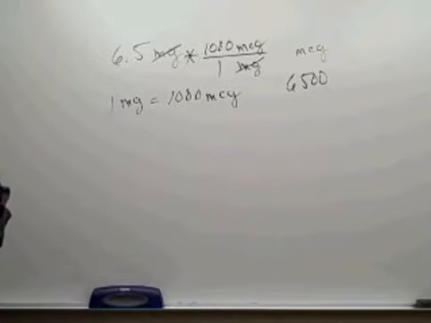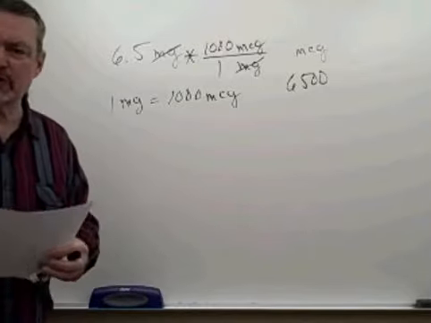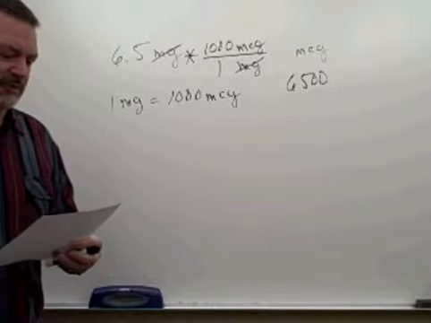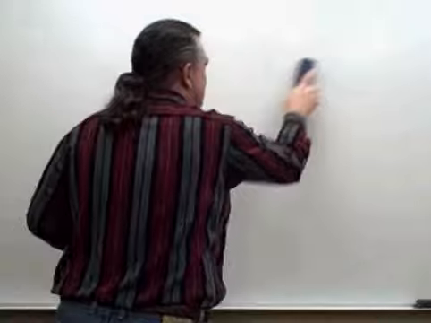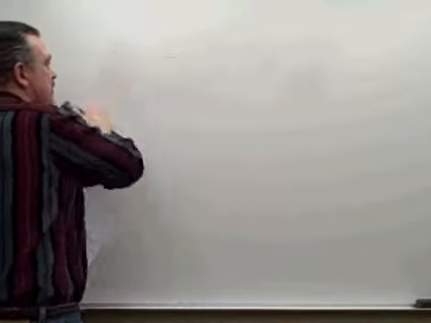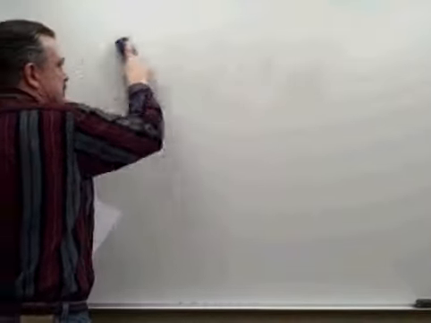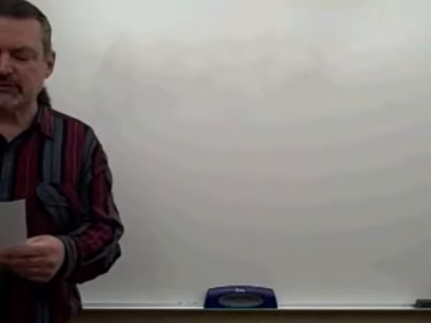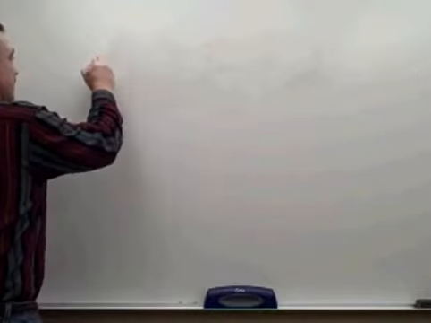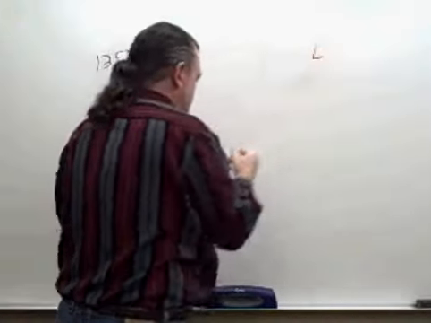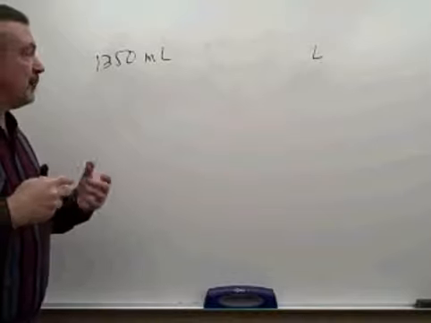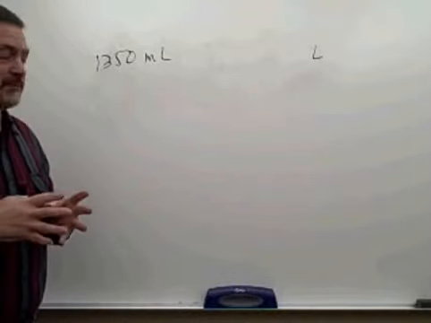Let's look at problem 2. Problem 2 is also a conversion within the metric system. This is a conversion dealing with liquid volume. It says convert 1,350 milliliters to liters. So we have 1,350 milliliters, and we want to convert that to its equivalent amount measured using liters.